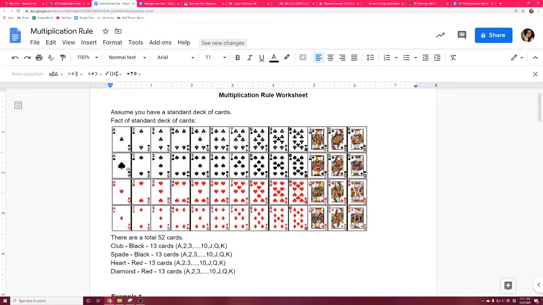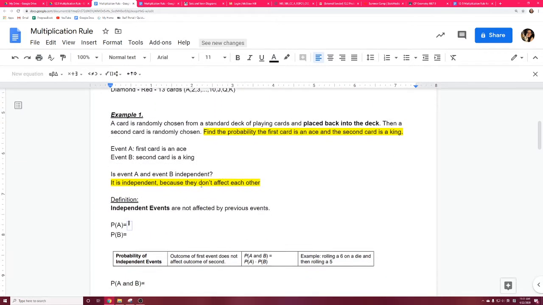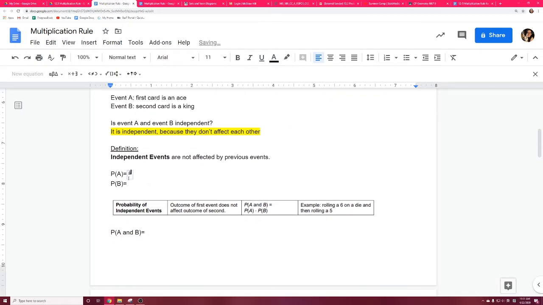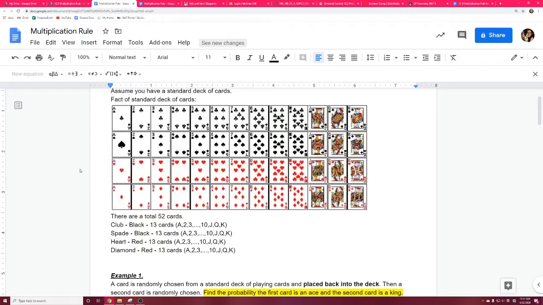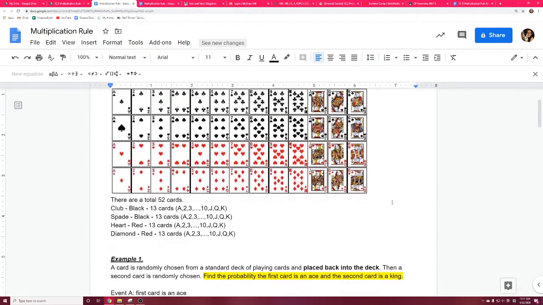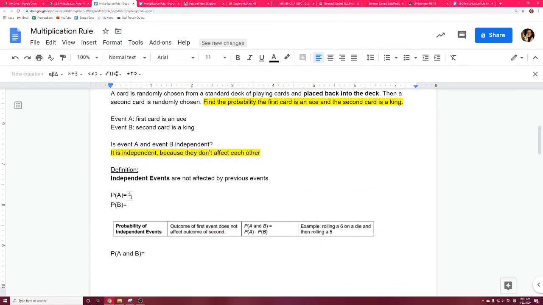You have 1, 2, 3, 4 aces. So on the top will be 4. On the bottom is all the possible outcomes you can have. You can have any card in this deck, so the deck will have 52 cards. You will have 52 over here.